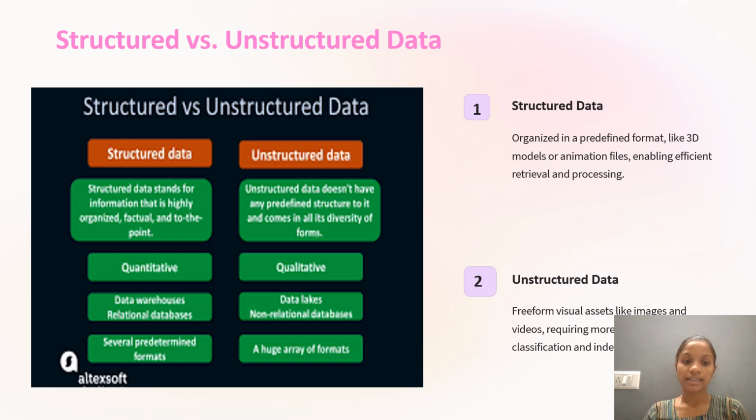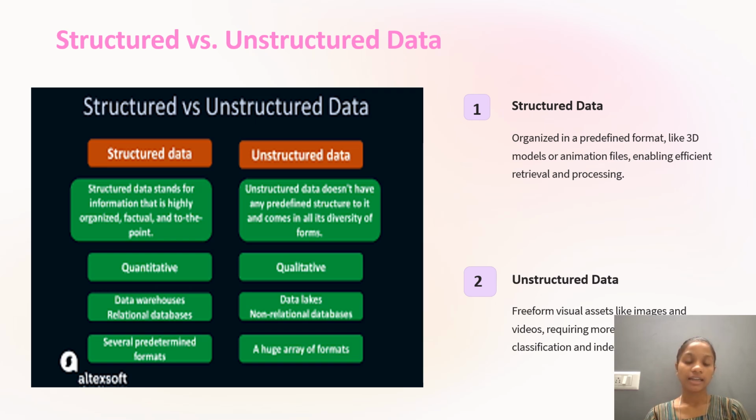So structured data stands for information that is highly organized, factual, and to the point. Unstructured data does not have any predefined structure to it, and comes in all its diversity of formats. So structured data is quantitative data and unstructured data is qualitative data.